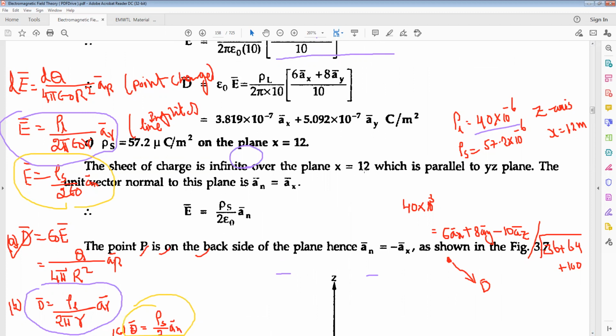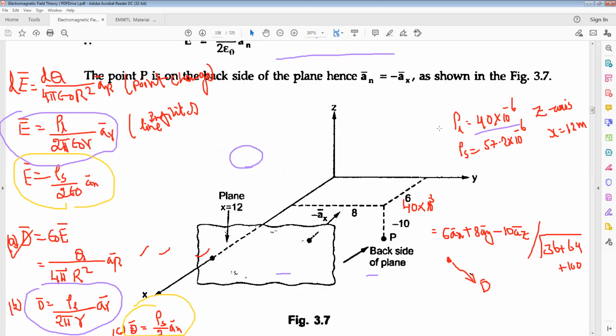And X is equal to 12 means the point is at the negative side, so the negative sign represents the direction towards the negative X. The X plane is here and the direction shows towards the negative direction of X. So rho S by 2, that is a negative value.